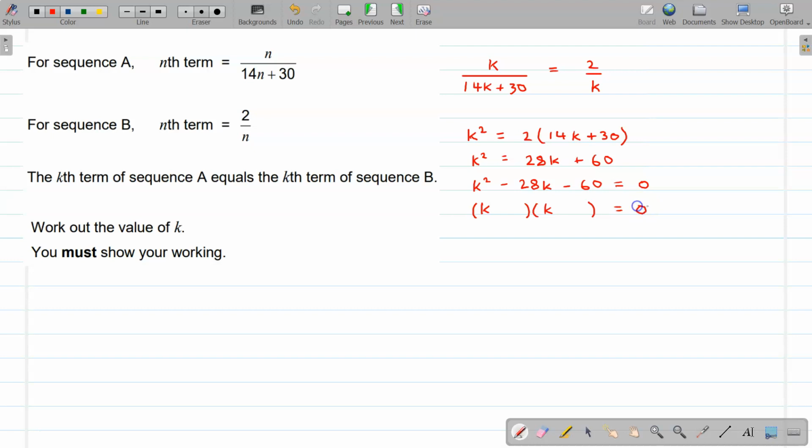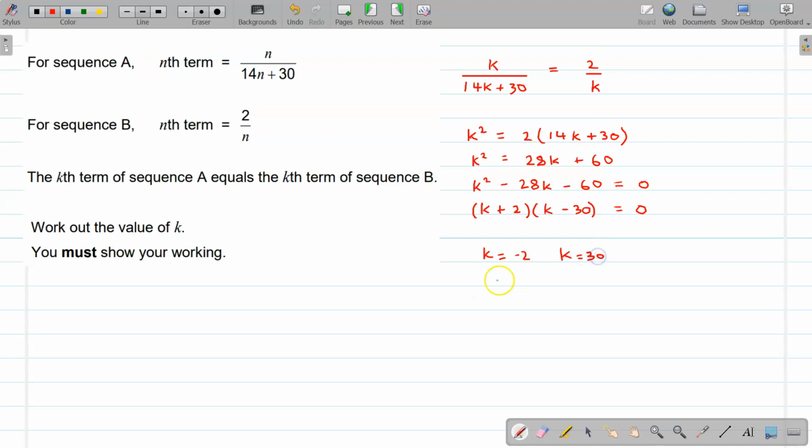The factors of 60 I'm interested in are going to be 30 and -2, or rather -30 and plus 2. Now I can conclude from that k equals -2 or k equals 30.